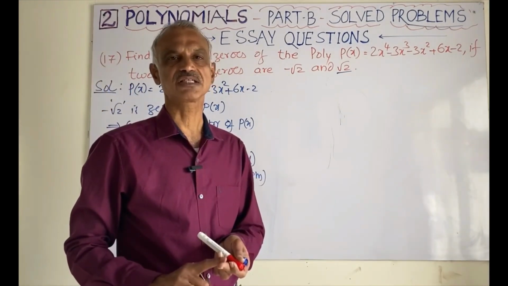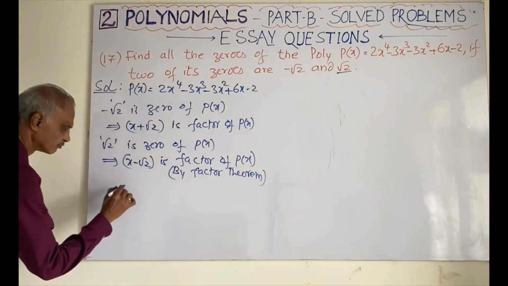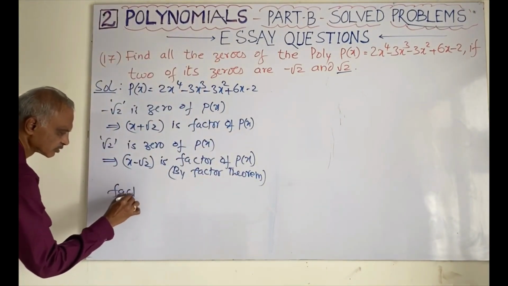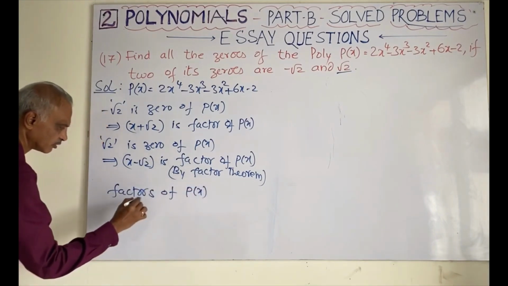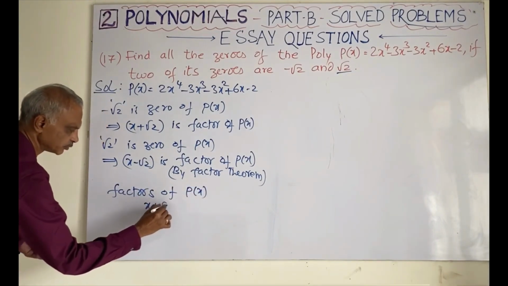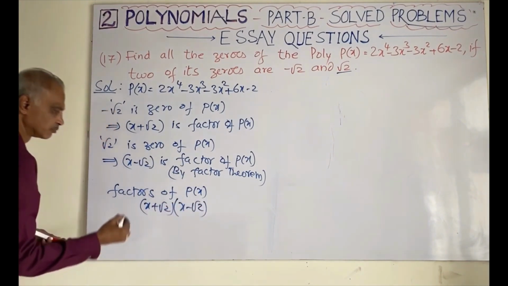What are the factors? x plus root 2 and x minus root 2 are the factors of p of x.